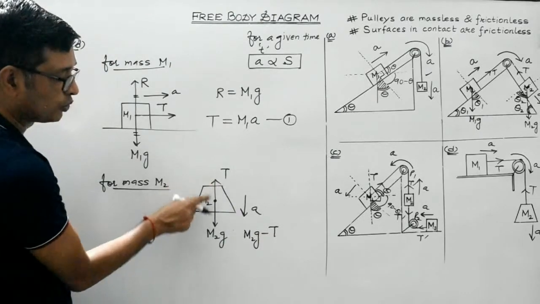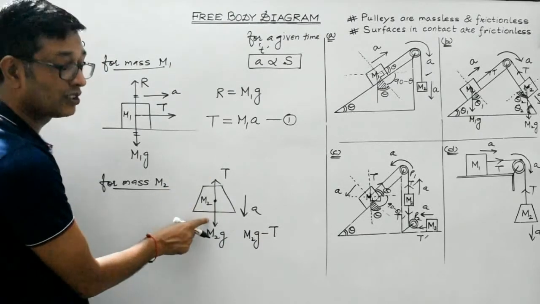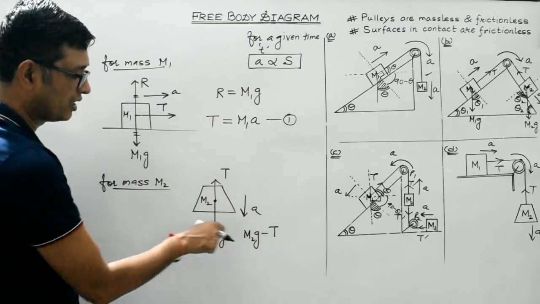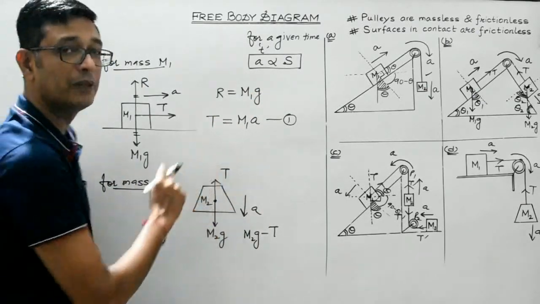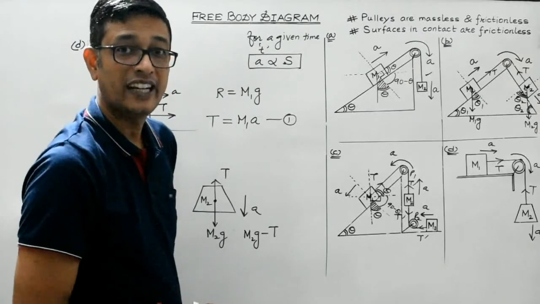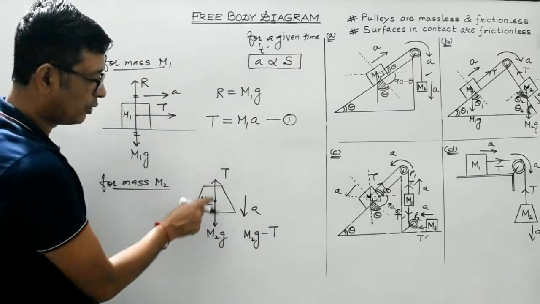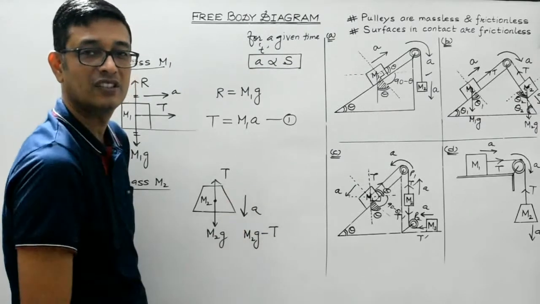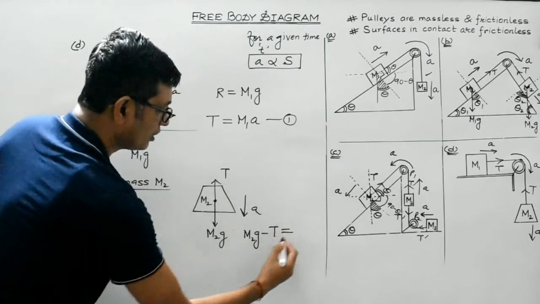Because both are oppositely directed. The angle between these two forces is 180 degrees. And since the body is having acceleration in the downward direction, therefore m2g must be dominating as compared to the tension. So the net force acting on the body due to the opposite direction of these two is given by the difference in the magnitude of these two forces. So this is the net force.